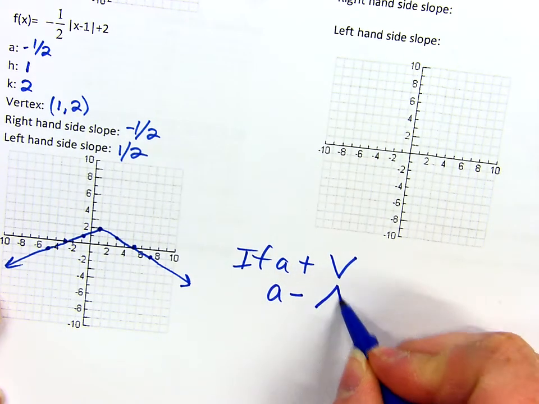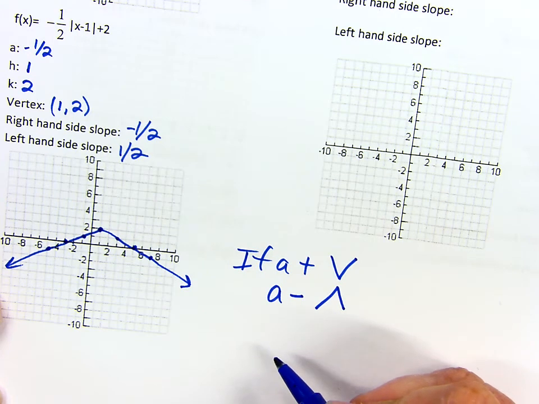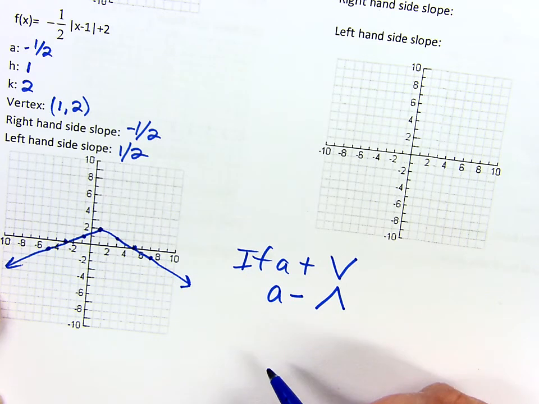If a is negative, it's upside down. Now, the bigger a is, what did we say is going to happen to the V shape? It's more narrow.